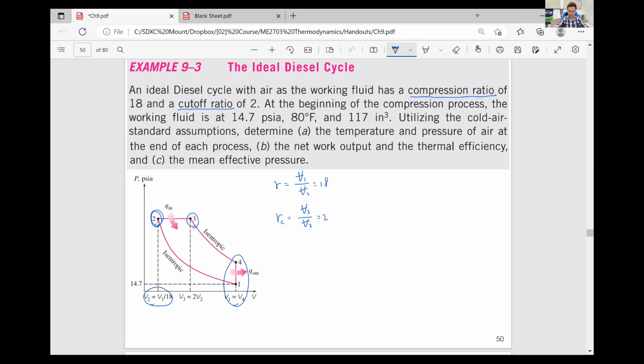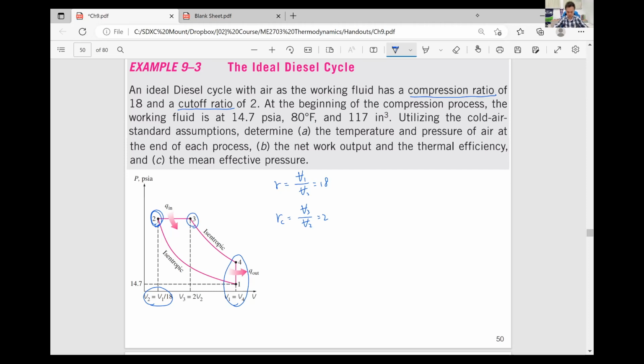Then at the beginning of the compression process, the working fluid is at a given pressure, temperature, and volume. All these three parameters are given, and utilizing the cold air standard assumptions, we determine the temperature and pressure of air at the end of each process, and the net work output, thermal efficiency, then MEP.